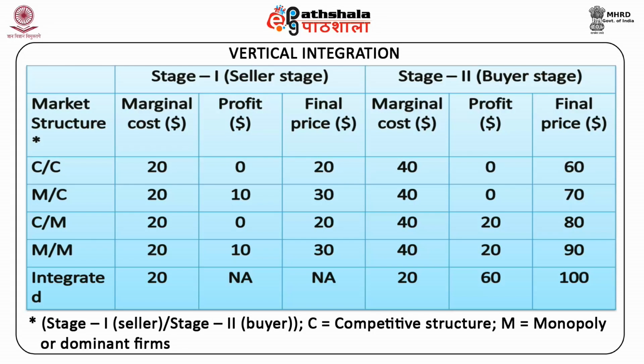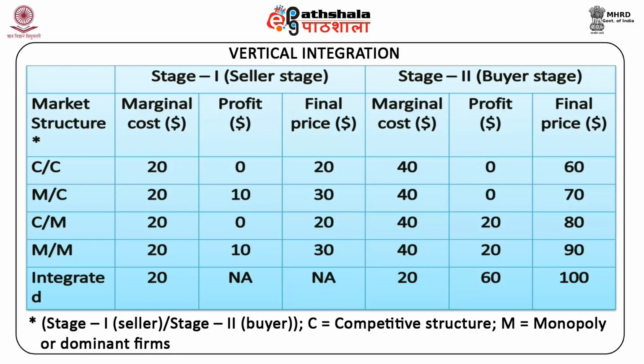In stage 2, the marginal cost is 40, the competitive price is 40, and the monopoly price is 60. The final price is the sum of the two individual marginal costs plus any profit margin that the market conditions allow.